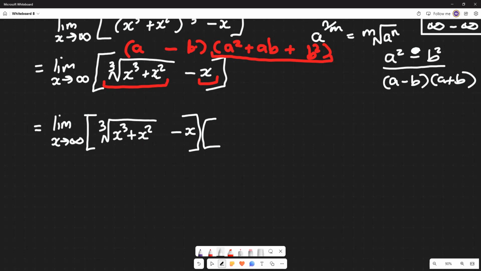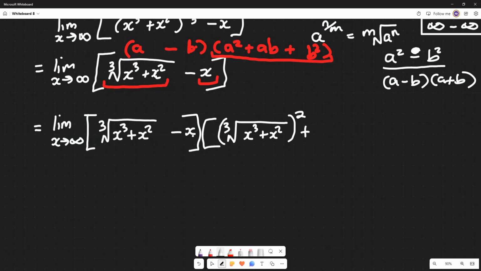This is my a, and I'm going to square it, which is the cube root of x cubed plus x squared, squared. Since this is a minus, we have a plus here.